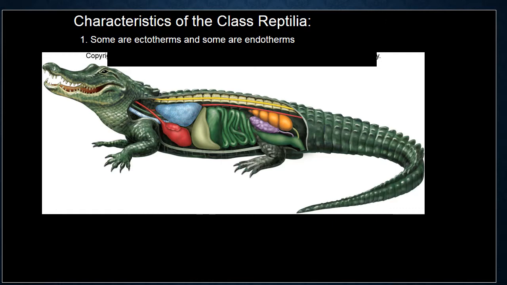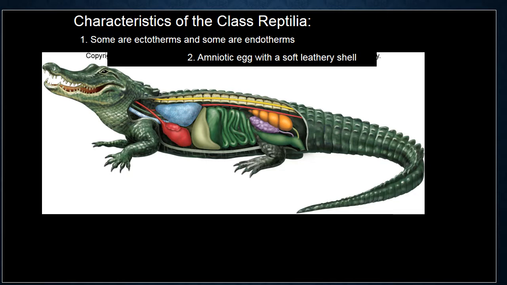If you'll remember correctly, ectotherms means that their internal body temperature is dependent on the external environment. Our endotherms are those that are able to regulate their internal temperature independent of the external environment. So they're both seen in class Reptilia.